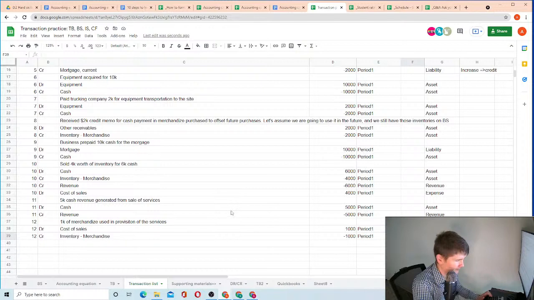For the homework, we will do some more transactions from MIT materials.